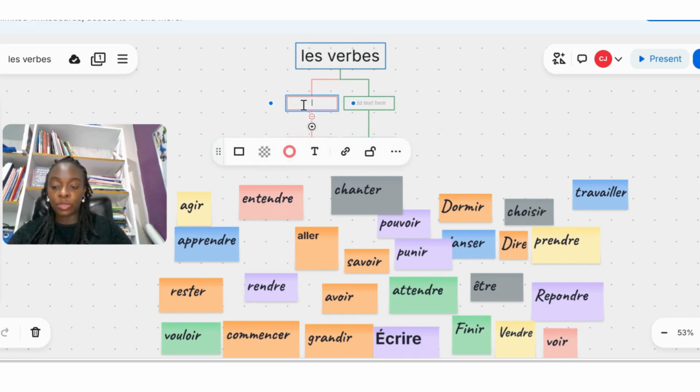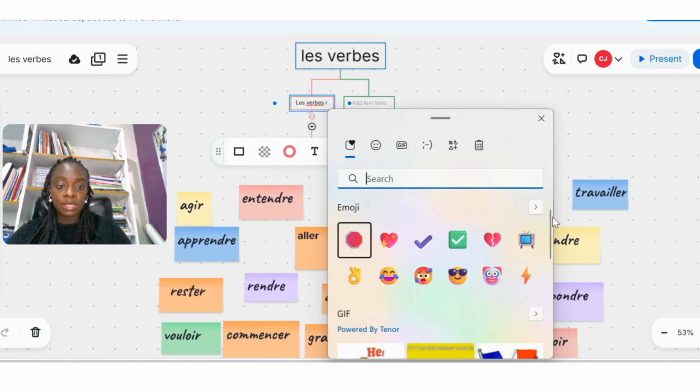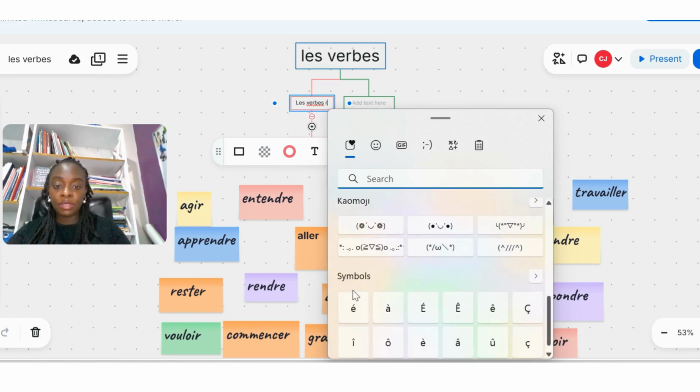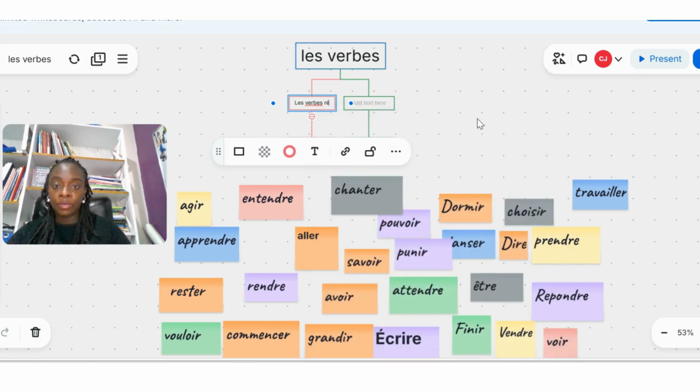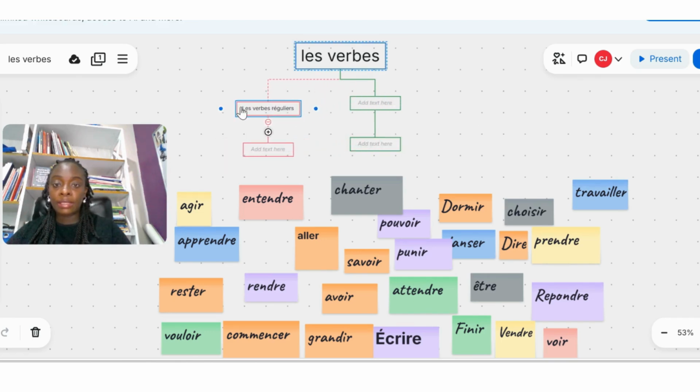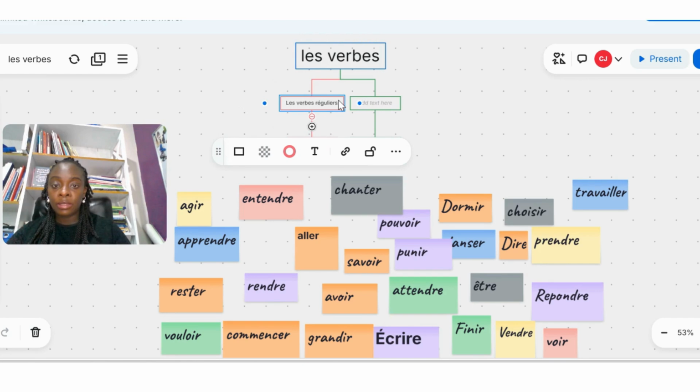On this side, I'm going to have les verbes réguliers, c'est-à-dire regular verbs, and I highlight that and make it bigger. Les verbes réguliers.